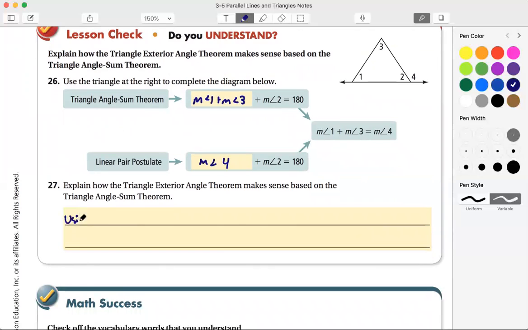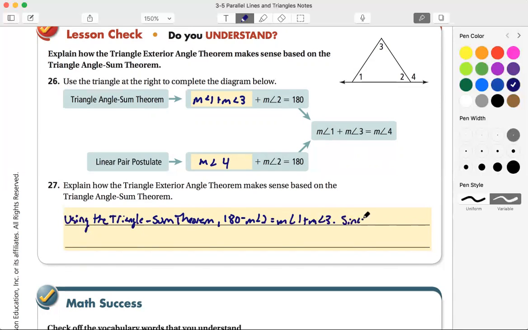So using the triangle sum theorem, 180 minus the measure of angle 2 equals the measure of angle 1 plus the measure of angle 3.